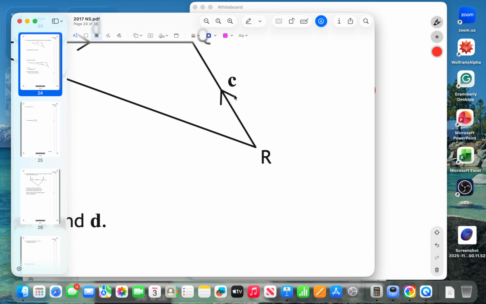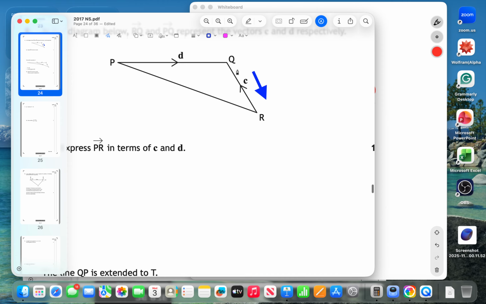Now that's going in the opposite direction to QR because we need it to go this way, so we need it to go that way. So if we go the opposite way, then it's QR, but if you change direction but you keep the magnitude, i.e. the size, so the magnitude is the size or the length, so to speak, then it becomes a minus C.